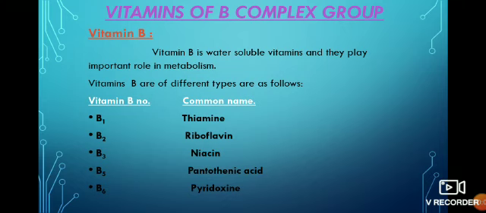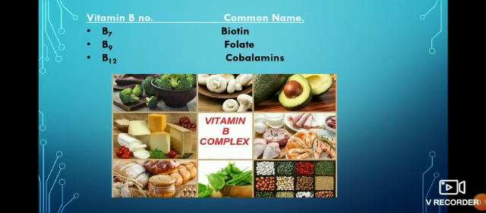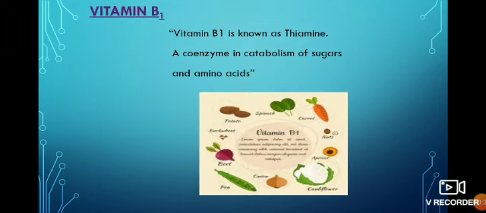The first one is B1 thiamine, B2 riboflavin, B3 niacin, B4 pantothenic acid, B6 pyridoxine, B7 biotin, B9 folate, B12 cobalamins. Here is a picture of vitamin B complex sources.